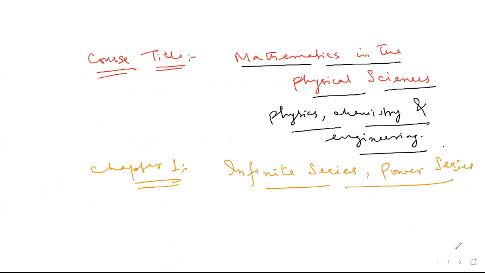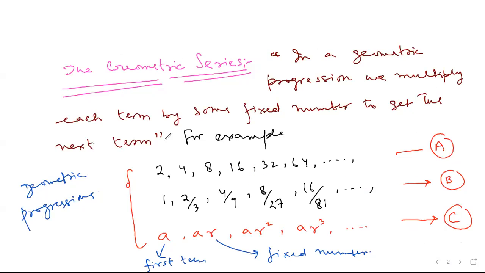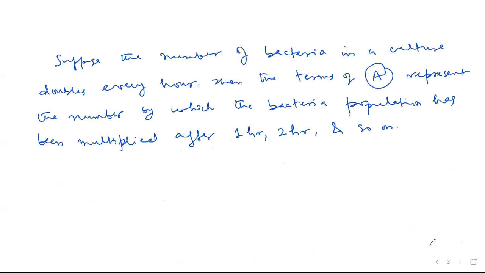After 1 hour it will be 2. After 2 hours it will be double, that is 4. After 3 hours it will be double, that is 8, and so on. This A will represent this population of bacteria in a culture after 1 hour, 2 hours, and so on, assuming that the bacteria population doubles every hour, right? So we can think of such examples.